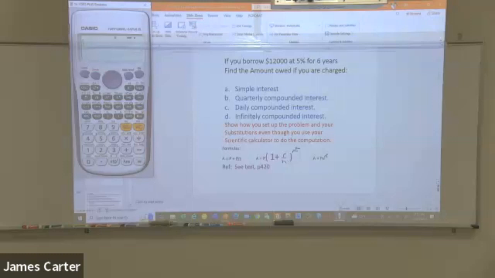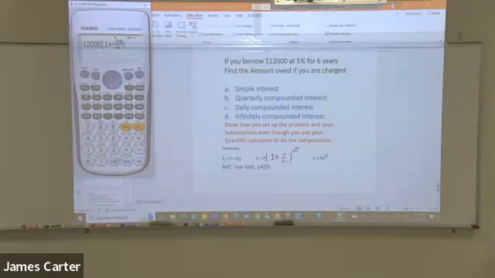Quarterly. So in this case, I've got the 12,000 again. Parentheses, 1 plus fraction 0.05. Go down to the basement, 4. Get out of there.